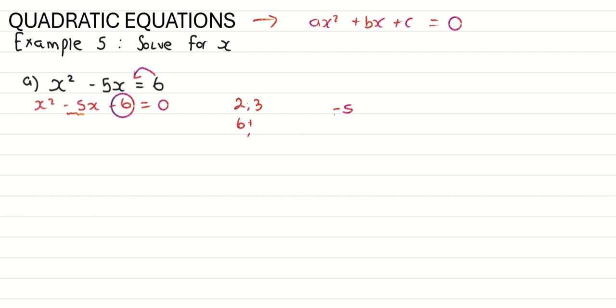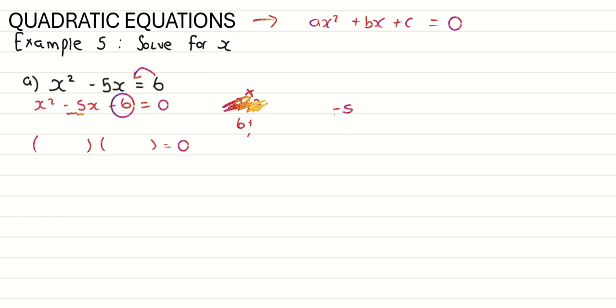So we go ahead, we open up our brackets, all right, and then we choose our factors. So if we look at 2 and 3, 2 and 3 would give us minus 5 if they were both negative. Okay, if they were both negative, they will give us minus 5, but when we multiply them, they will give us positive 6. But we need to have a negative 6, so this will not work.